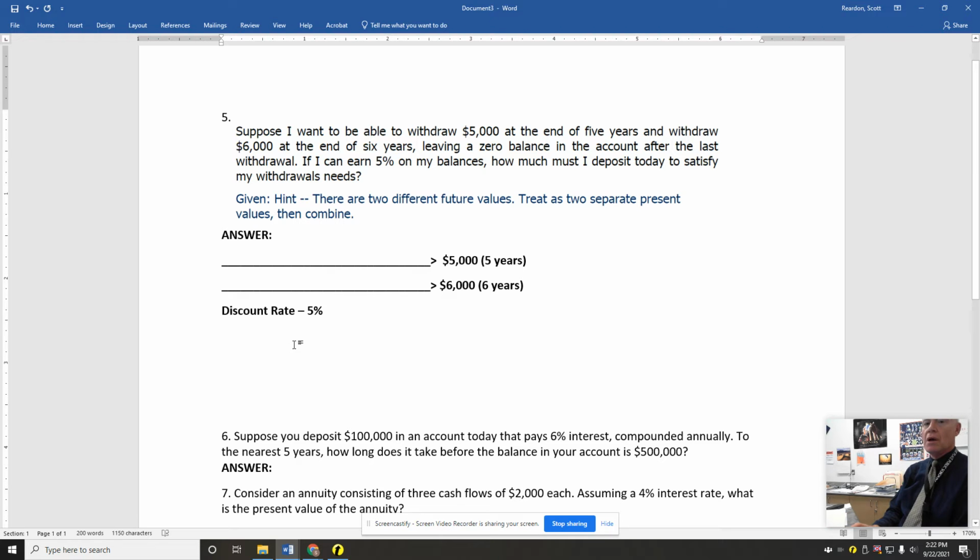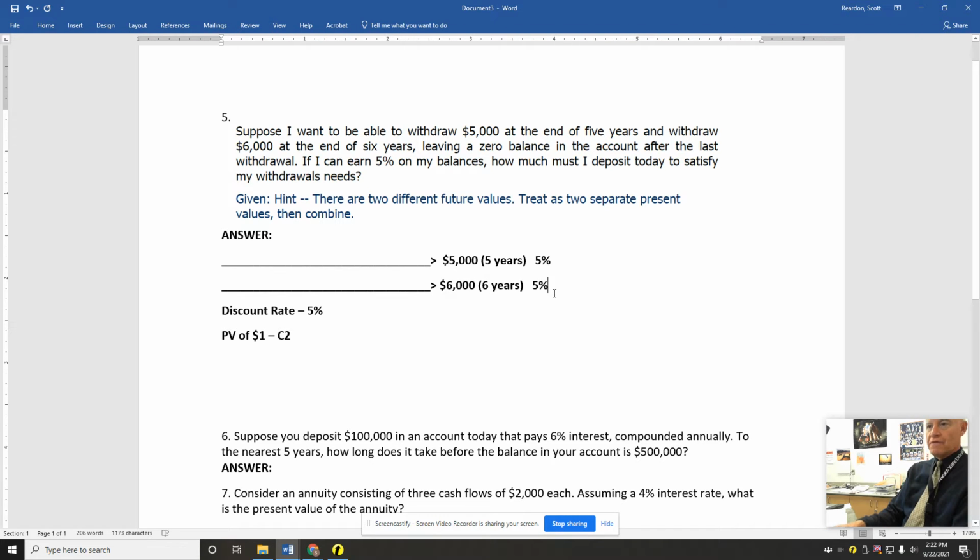So what table are we using in Appendix C? For each one, 5 years and 6 years, how many times are we putting money in? Once, right? Putting money in once. So we're using present value of 1. It's going to be table C2. And you've got 5 years, 5%, 6 years, 5%.